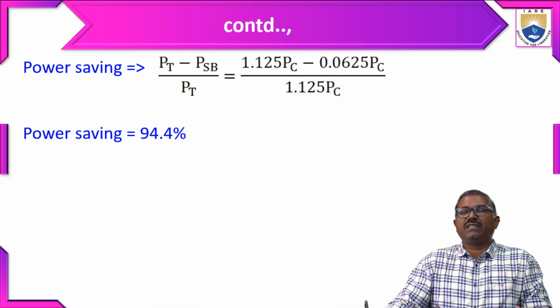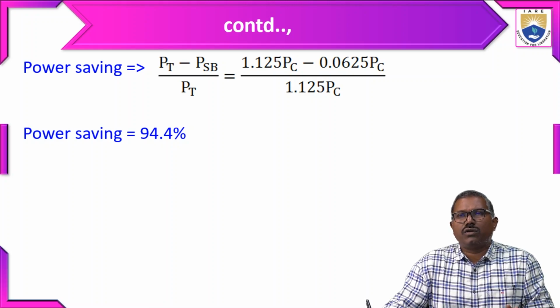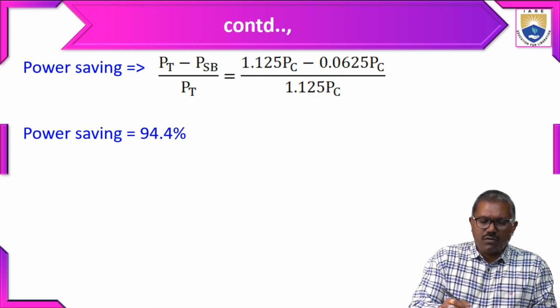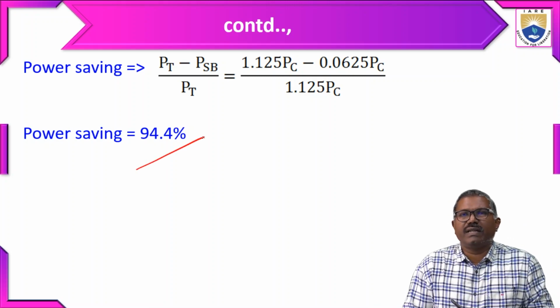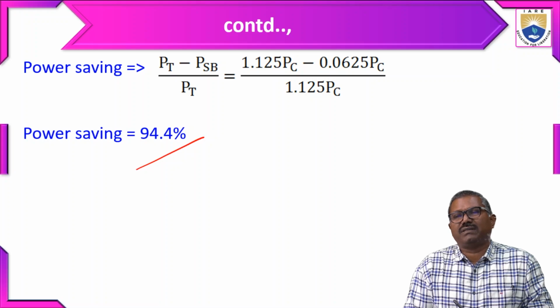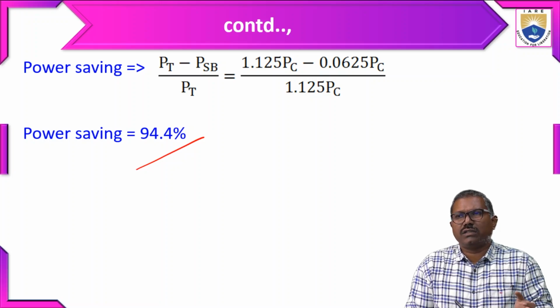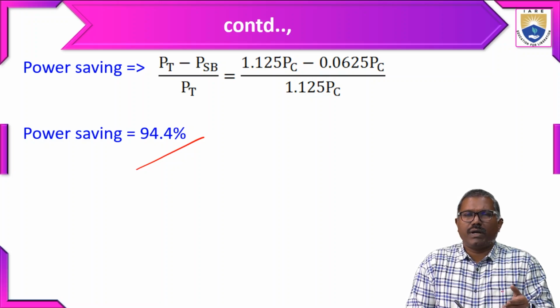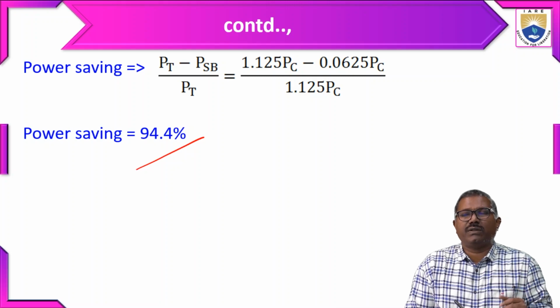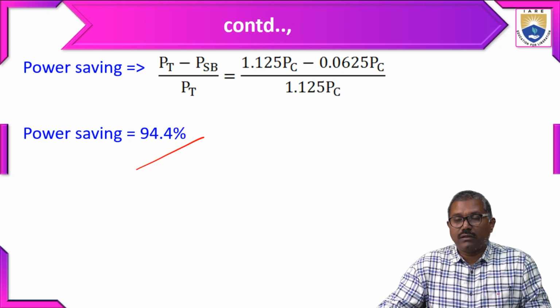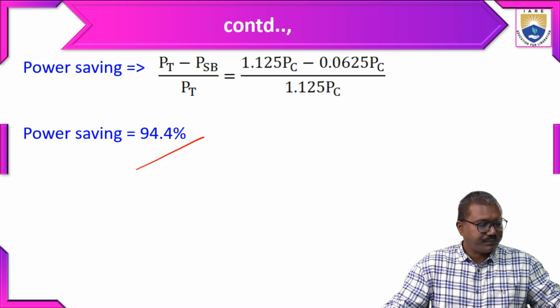Here we need the calculator. Without a calculator you can't solve these problems. So now my power saving is 94.4%. You already observed that for m value 1, you got 83.3%, whereas for m equals 0.5, 94% is obtained. Okay, so this is the second problem.